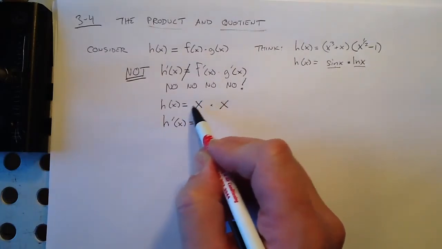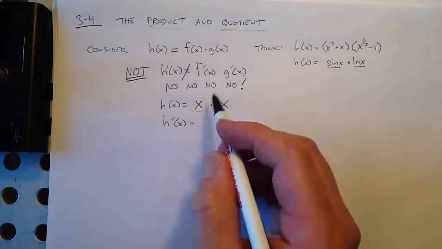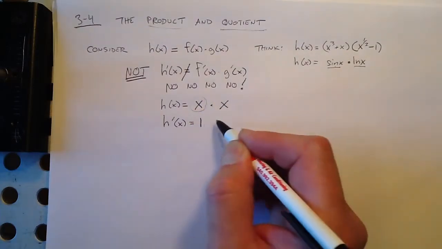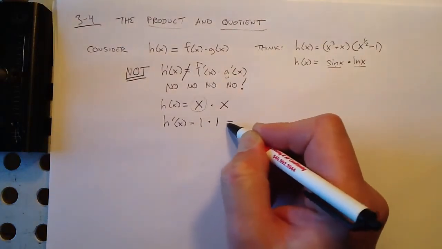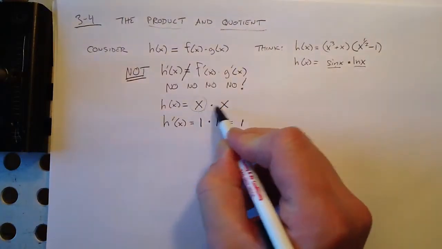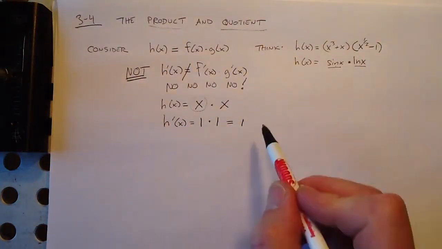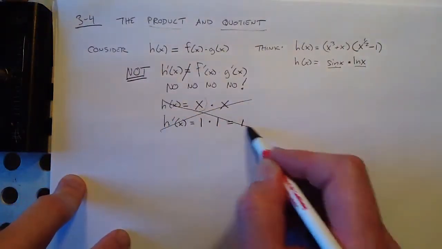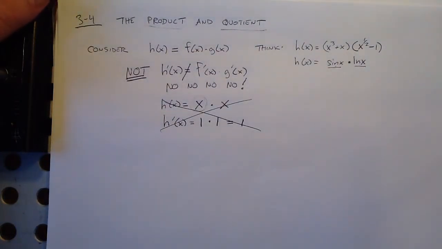So by the power rule, or if you just think of that as like x is like a line with a slope of 1, the derivative of x is just 1, and the derivative of that is 1. So then the derivative of that would just be 1 times 1, or 1. But this is the same as x squared, and we know that the derivative of x squared is 2x, not 1. So this is all no good. It does not work that way. So we have to find, if we want to have a general rule for doing this, we have to figure out what it is.